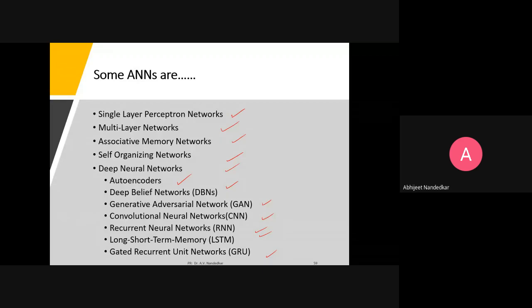There is a huge list now. This is all new. Here this is the classical ANN. Mind you, you can understand all these new methods provided you understand the basics. One must understand that.